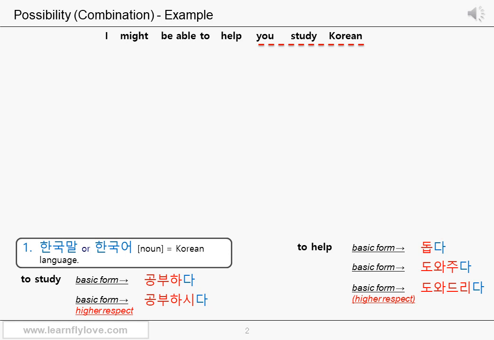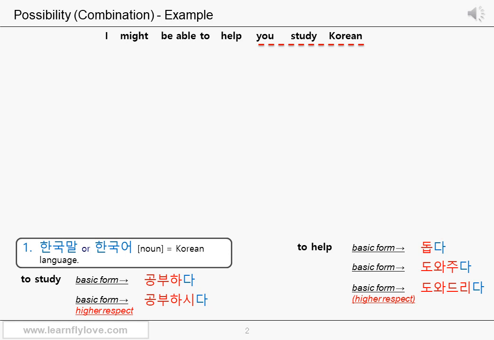But you can understand the concept because help is a transitive verb, and a transitive verb can have an object. And an object should be a noun, pronoun, or in a noun form. Therefore, if you want to use you study Korean part as an object, you should turn it into a noun form. That's how it works in Korean.